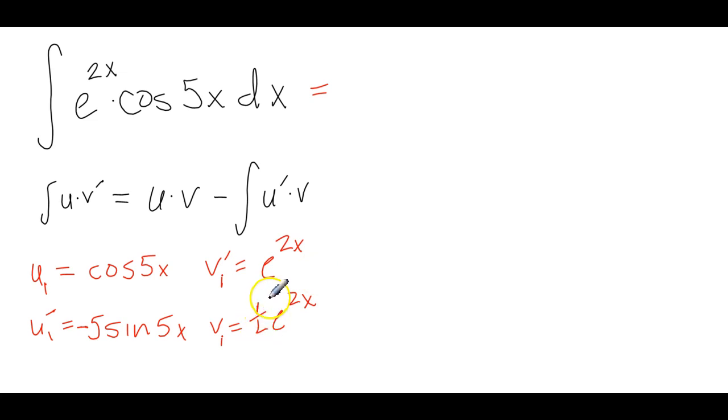Okay. Now I'm ready to do this. uv, that's these two. So I have a 1/2 e to the 2x cosine of 5x. And then minus u prime v, minus this times this. Notice there's already a minus here. So minus, and then this will be a negative. That'll actually make that a plus. And then the integral of u prime v.